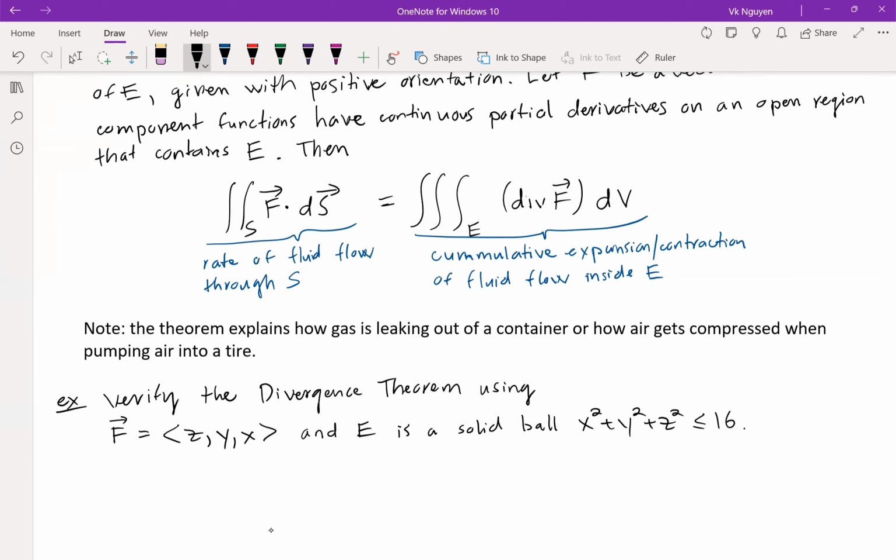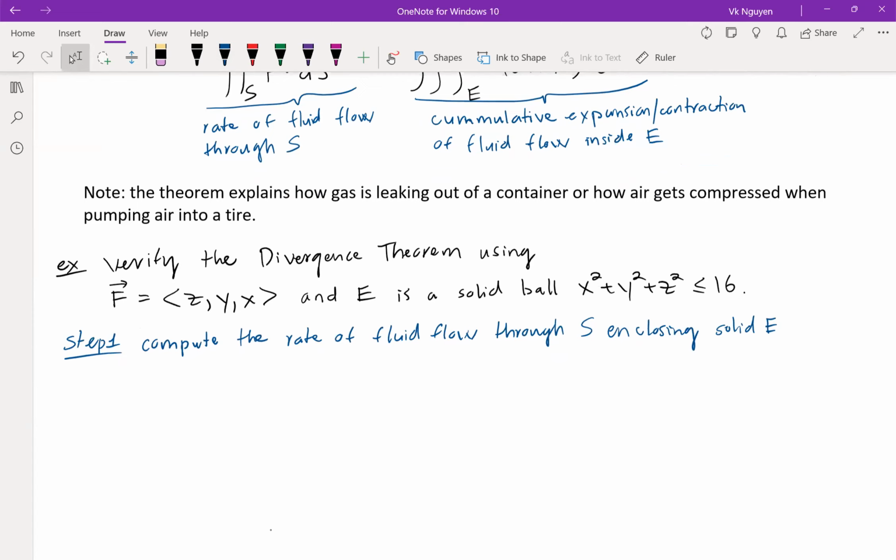Okay, first we're going to compute the flux of F through S, the double integral over S of F dot dS.